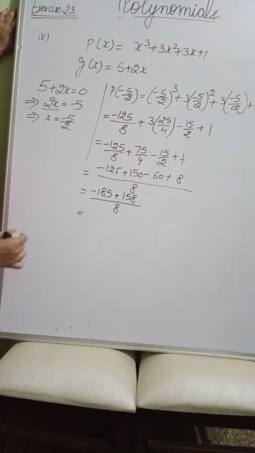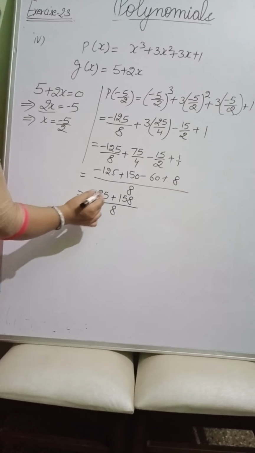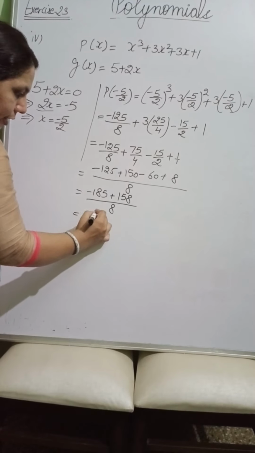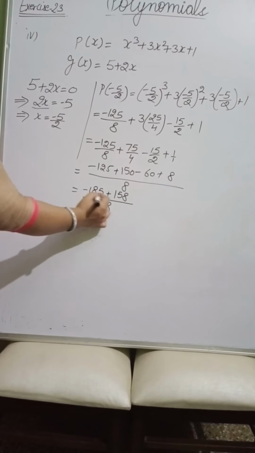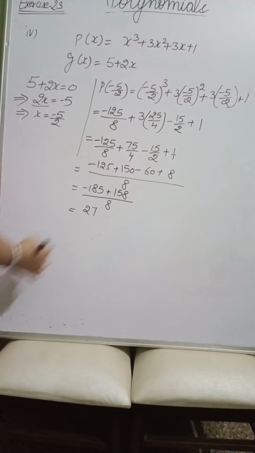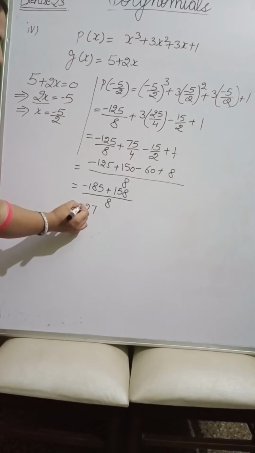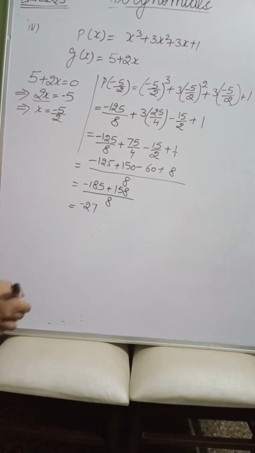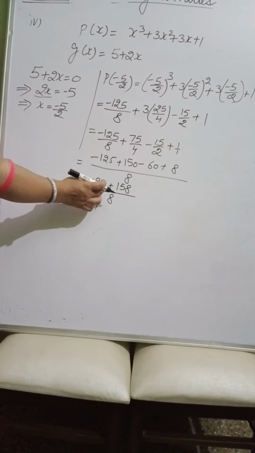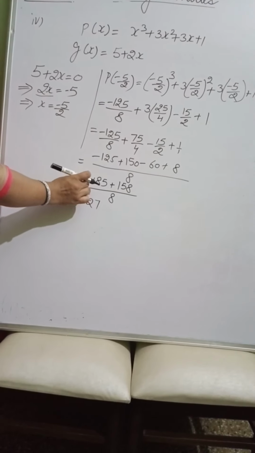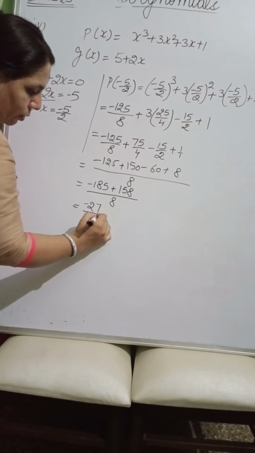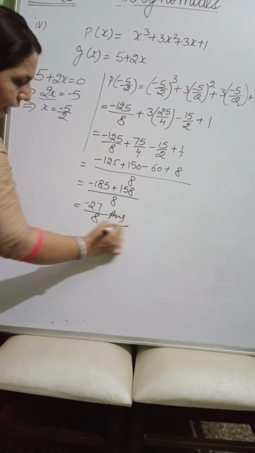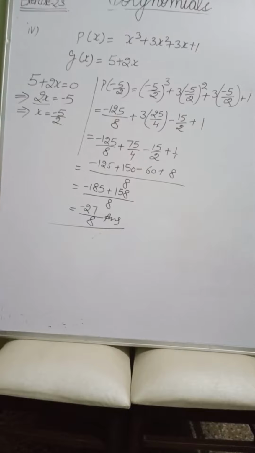You will subtract the smaller value from the bigger one. 185 minus 158, you will get 27. And this 27 will be minus, because the bigger term is minus. So, minus 27 by 8 is our final answer.